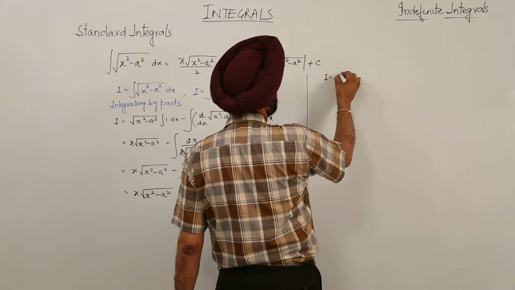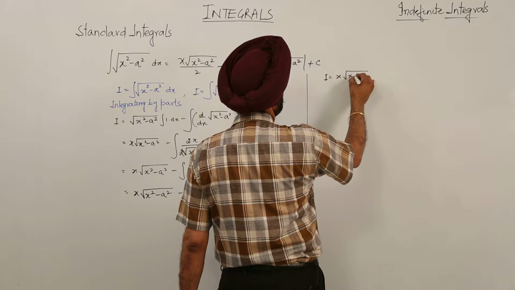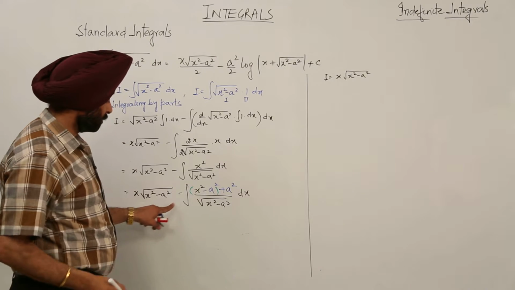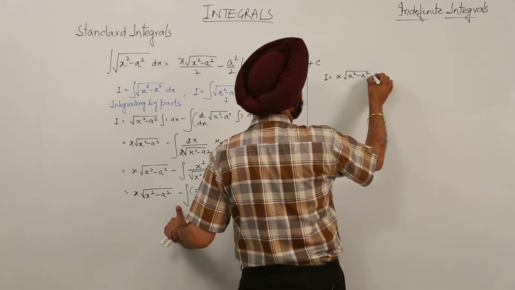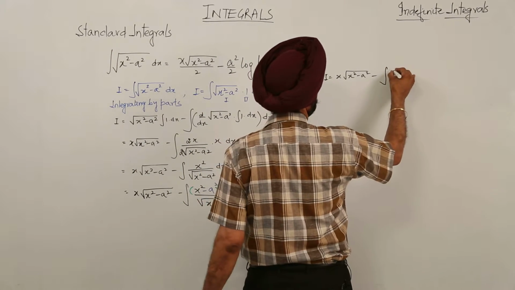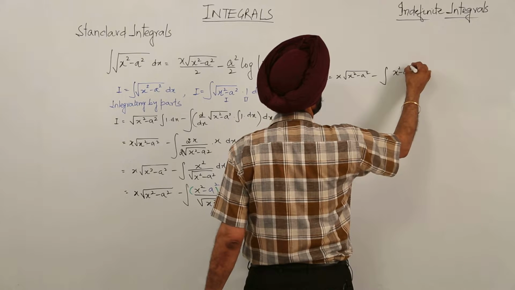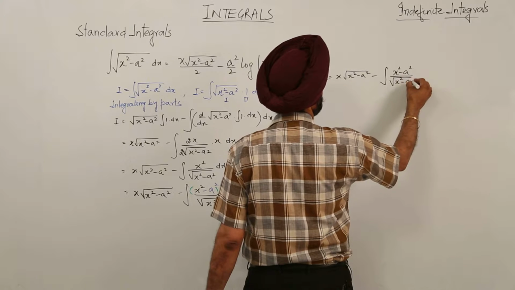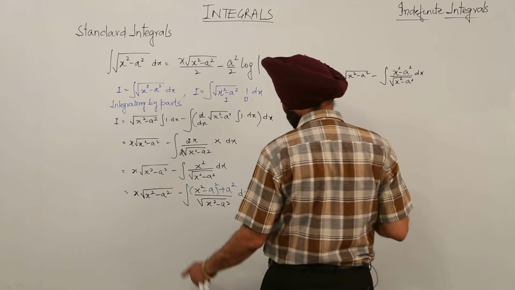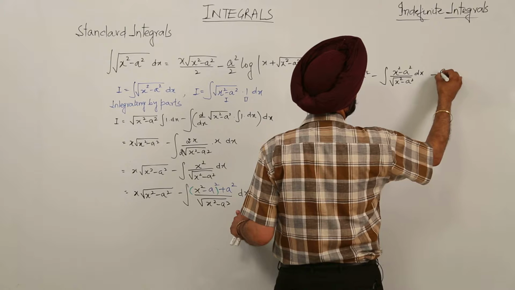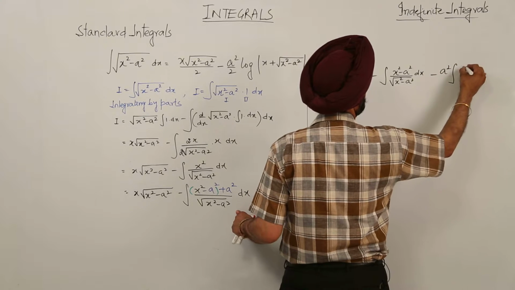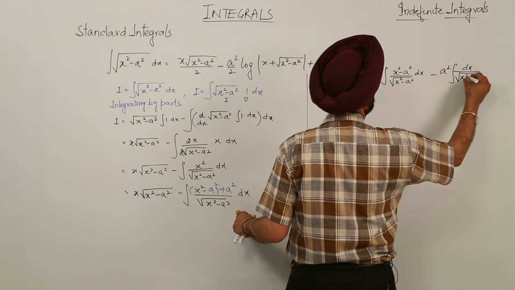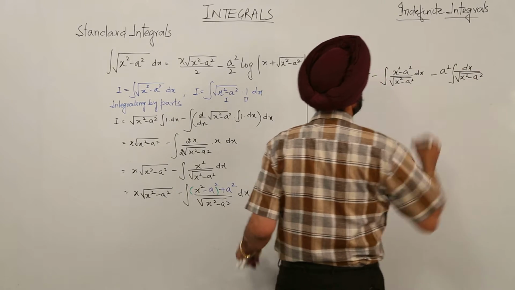integration of x square root of x square minus a square, first part, minus integration of x square minus a square upon square root of x square minus a square dx, then minus a square integration of dx upon square root of x square minus a square.